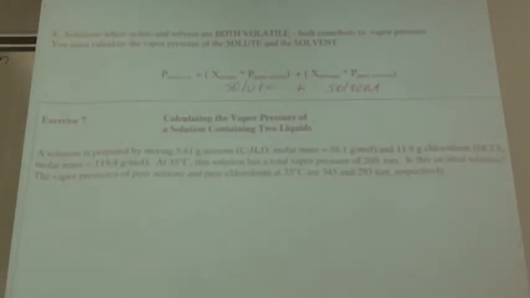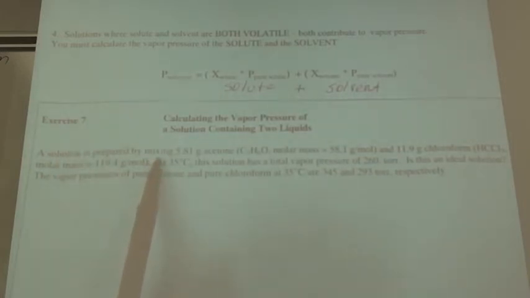So the vapor pressure on the surface would be a combination of the solvent and the solute, and you'd have to account for that mathematically. This is the math that you would use. The vapor pressure of the solution is equal to the vapor pressure of the solute plus the vapor pressure of the solvent. Well, that didn't take a genius, now did it? So you just add these two together.